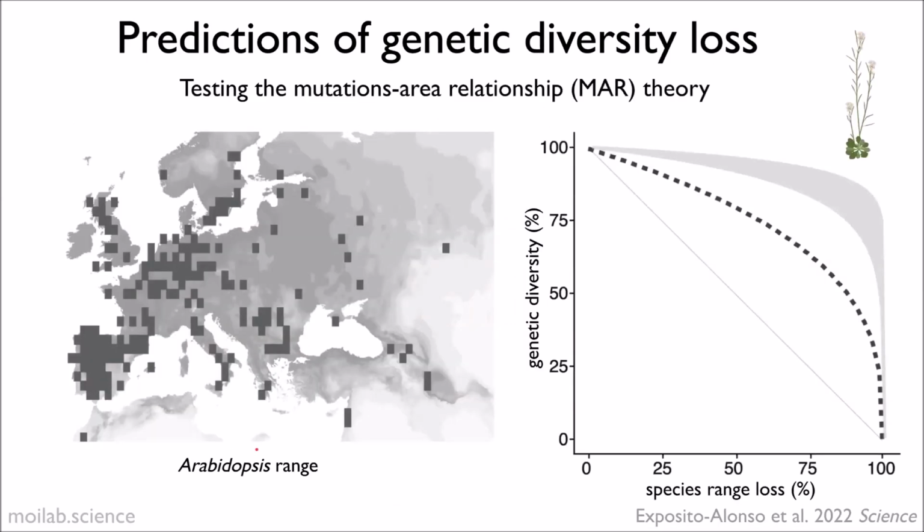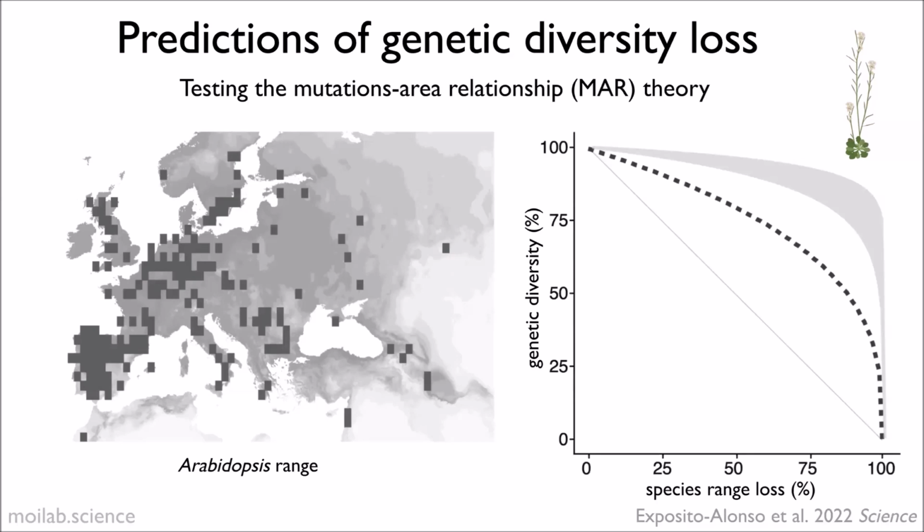This can be derived mathematically, and we can talk about the details from population genetic theory. But I thought that I would bring a practical example on how this could be used. So this is a simulation experiment, where we might ask, well, if we have the area that has been lost for a species, can we predict the genetic diversity loss?